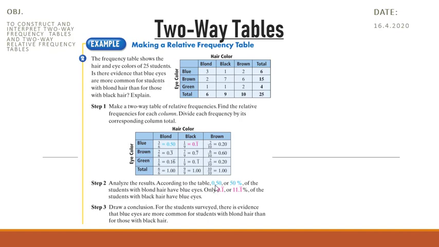So, as you can see, we can draw a conclusion, and now we have the evidence that blue eyes are more common with students with blonde hair than for students with black hair.